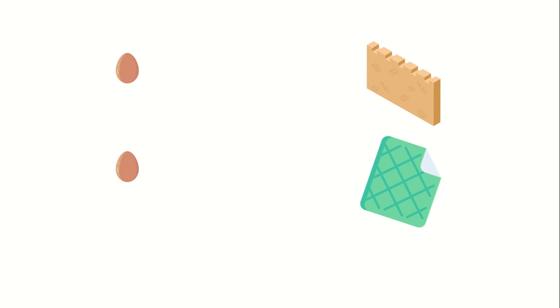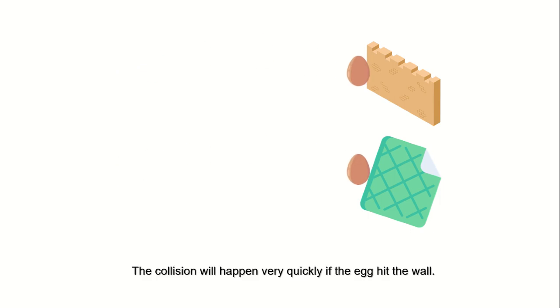Stopping the motion of the egg using either a wall or a blanket results in the same change in momentum. The egg will be brought to a zero velocity after the impact just the same. This also means that it would take the same impulse from the wall or the blanket to do so. And by impulse, we don't simply mean force, we mean the product of force and time.